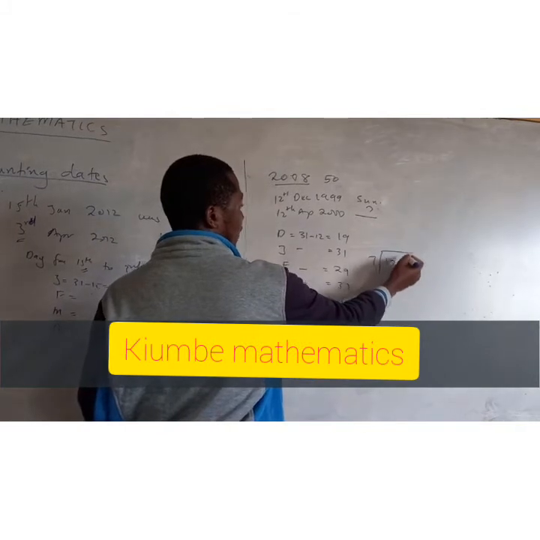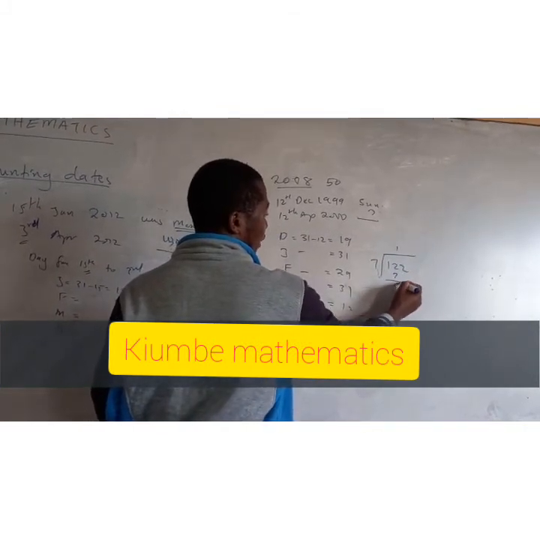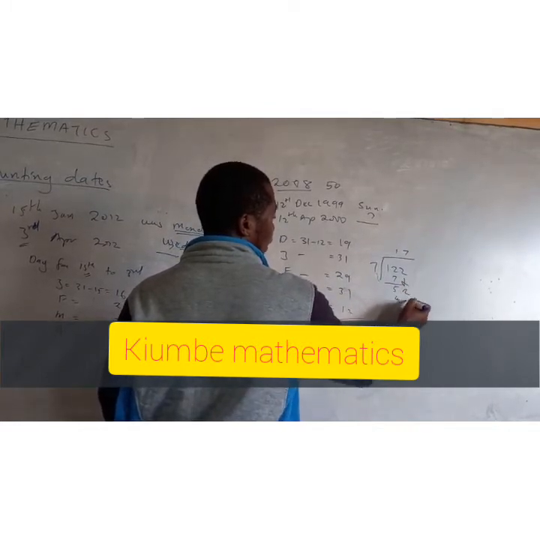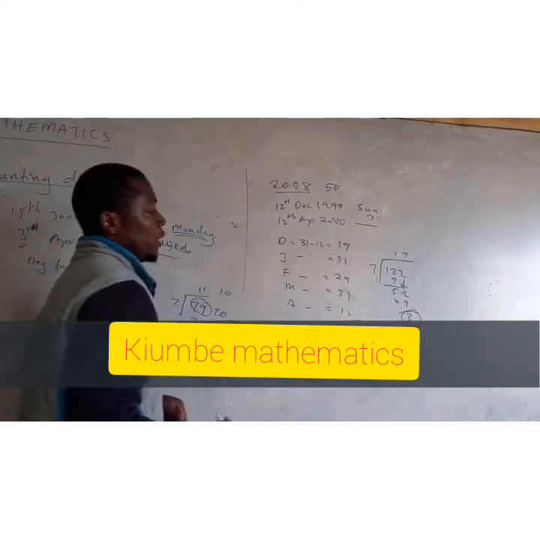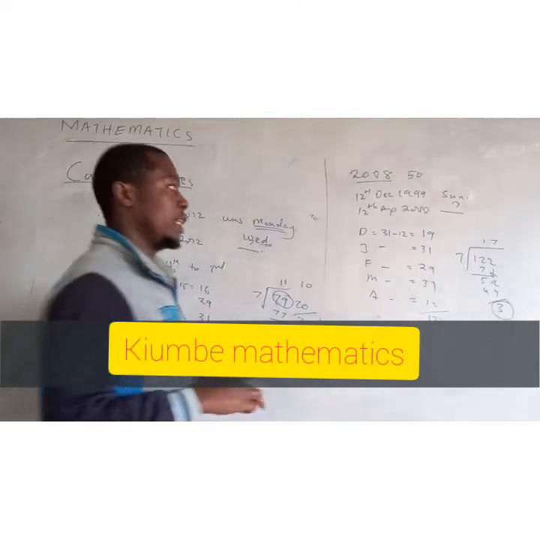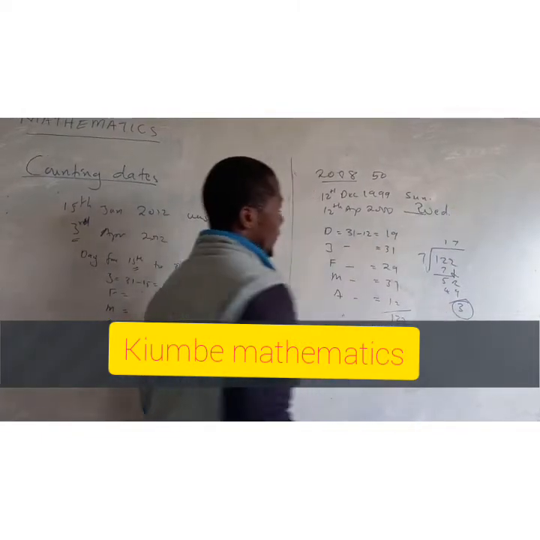The remainder is 3. So we shall count 3 days from Sunday, that is Monday, Tuesday, Wednesday. Therefore, our answer here shall be Wednesday.